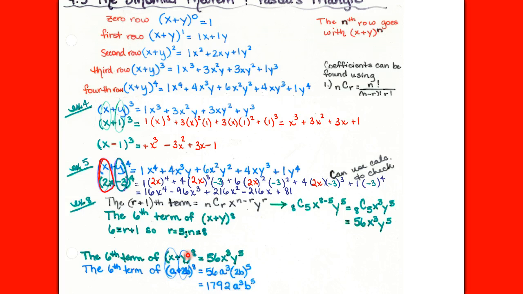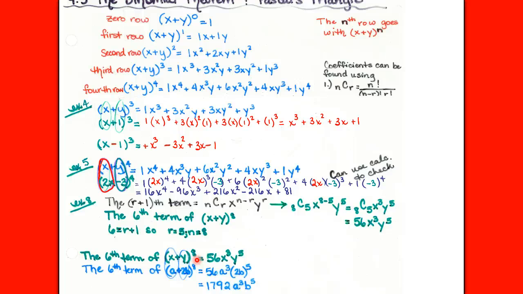So let's back this up and let's first figure out what would the 6th term of x plus y to the 8th be. Okay, if I'm looking for the 6th term of x plus y to the 8th, this goes right back to number 21 from the homework on the first half of this lesson, all right?